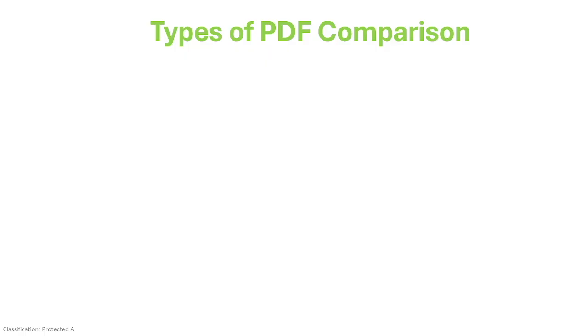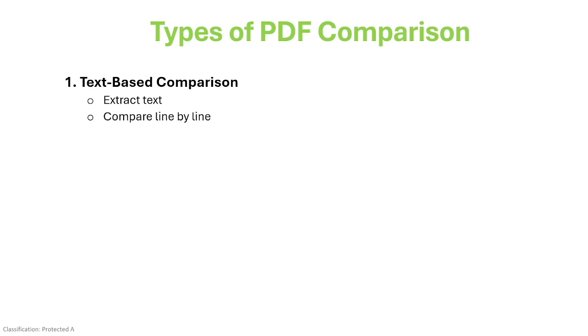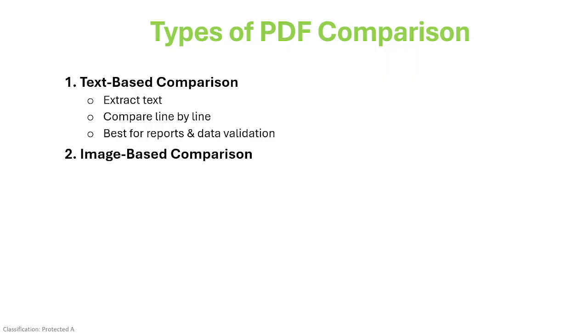Types of PDF comparison. First, text-based comparison. Extract text and compare line by line. Best for reports and data validation. Second, image-based comparison.